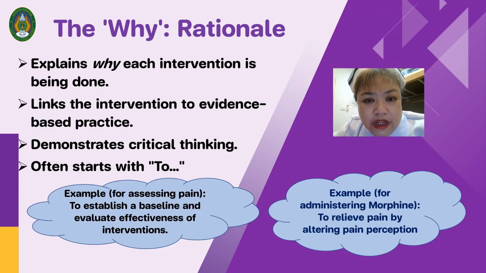For every intervention, we need a rationale. This explains the scientific or evidence-based reason why we are doing this. It shows we aren't just following orders, but understanding the purpose behind our actions. It often starts with "to" followed by the reason.